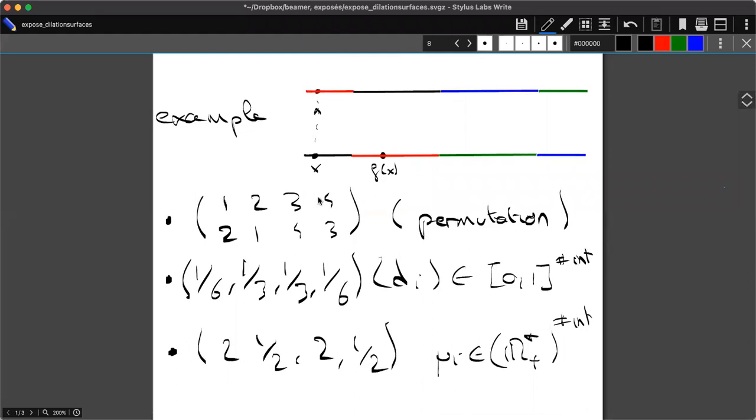Here the permutation is 1 to 2, 2 to 1, 3 to 4, and 4 to 3, meaning that the red one on the bottom is on top of the black one, and so on. So we've permuted the black, red, blue and green. That's the combinatorial data of the interval exchange. We also have the lengths of the intervals that I denoted by lambda i's. The first one is of length 1/6, then 1/3, 1/3, 1/6.